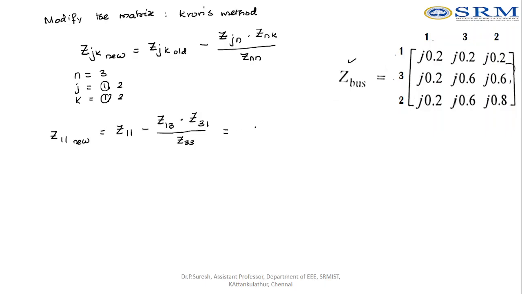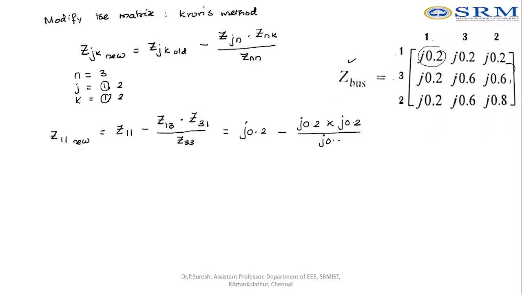So substitute the values. Z11 is j0.2, minus Z13, which is j0.2, multiplied by Z31, again j0.2, divided by Z33, which is j0.8.